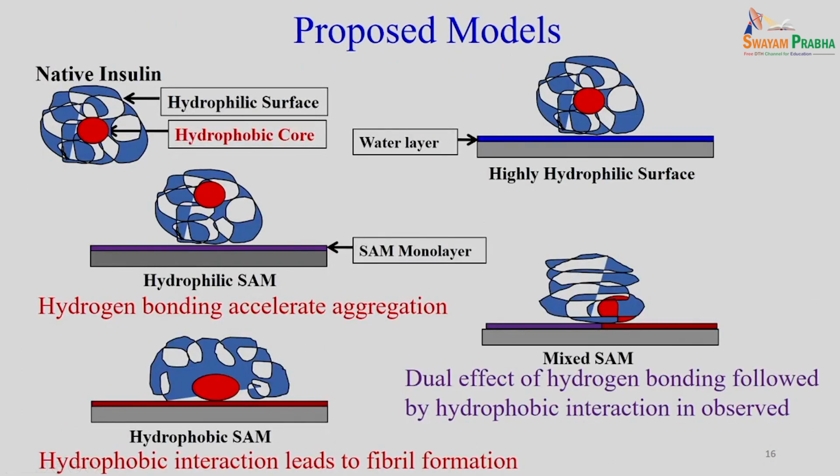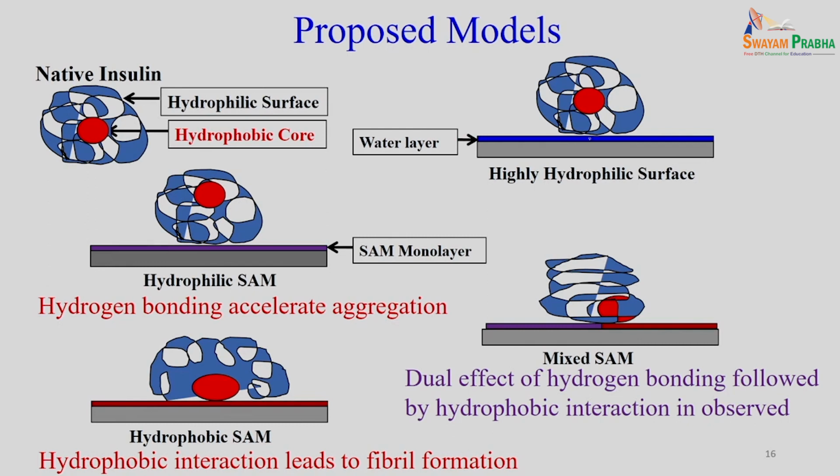So, here based on these observations, we can assume that native insulin is a globular protein, having a hydrophobic core and a hydrophilic surface. Now, consider the case of a highly hydrophilic surface, let us say glass surface.